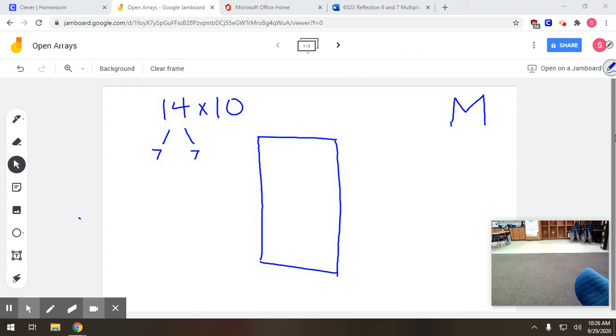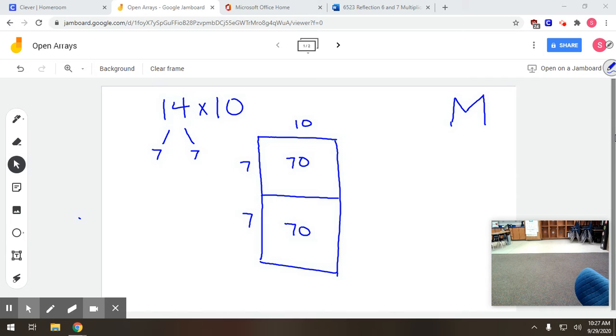Okay. And I know that I'm going to use 7 and 7 times the number 10. All right, so 10 times 7 is 70, and 10 times 7 again is also 70.